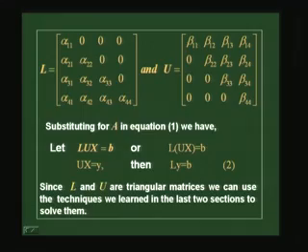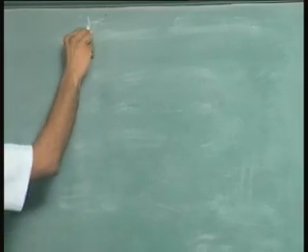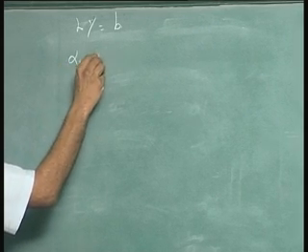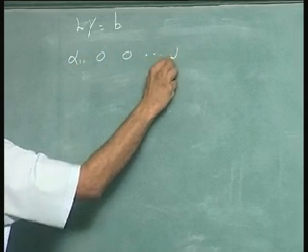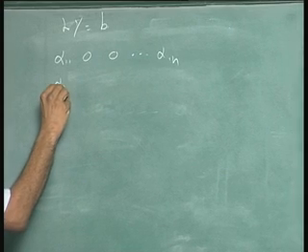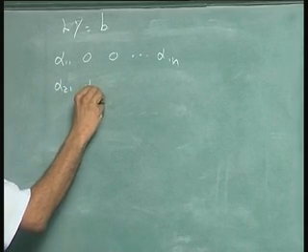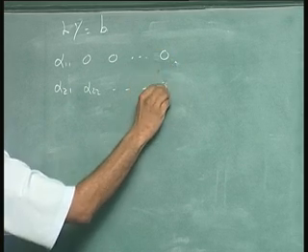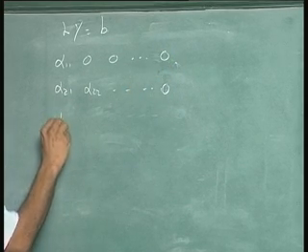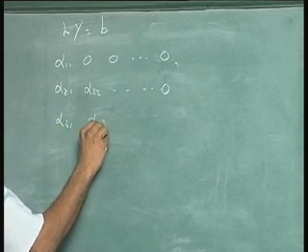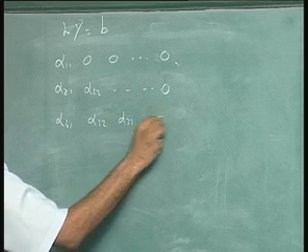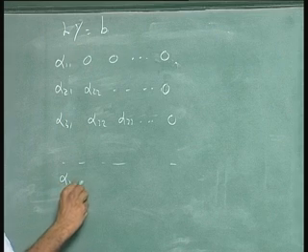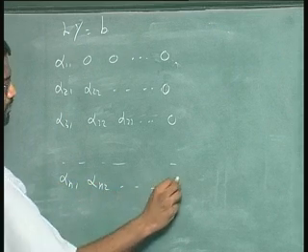L is alpha 1 1, 0, 0, up to 0 in the first row, then alpha 2 1, alpha 2 2, 0 and so on, then alpha 3 1, alpha 3 2, alpha 3 3, 0, all the way to the last row, alpha n 1, alpha n 2, up to alpha n n.